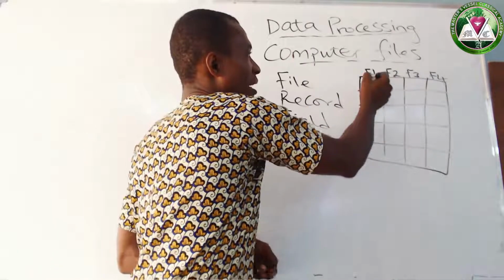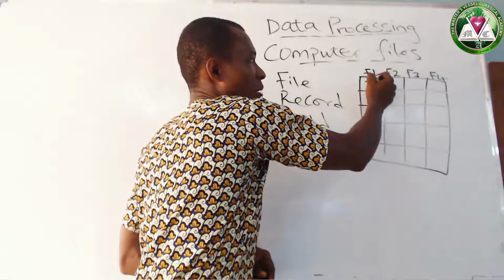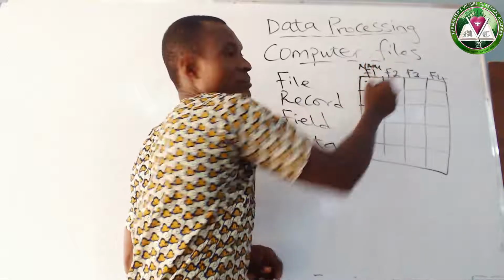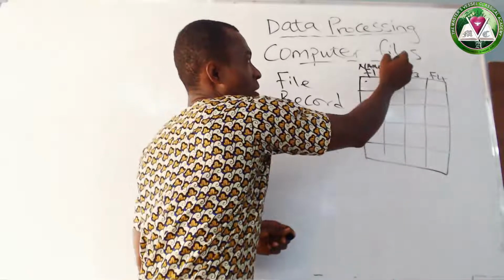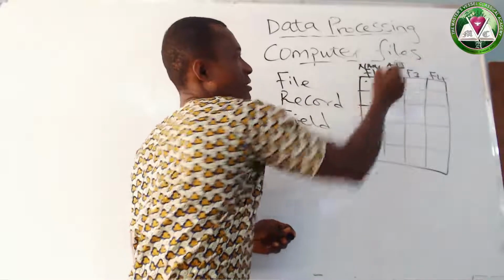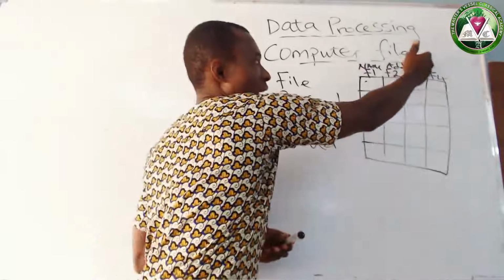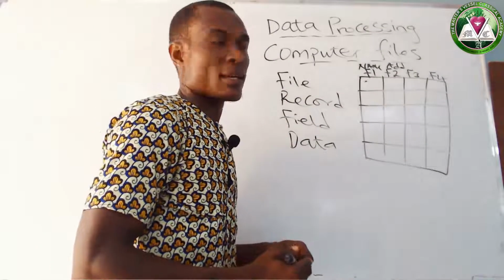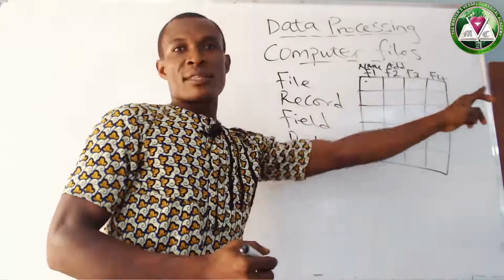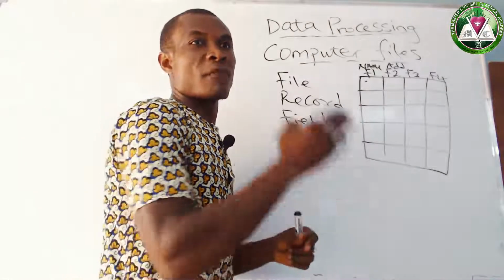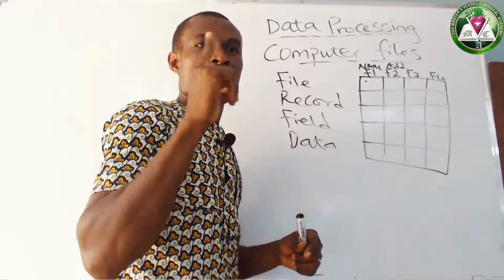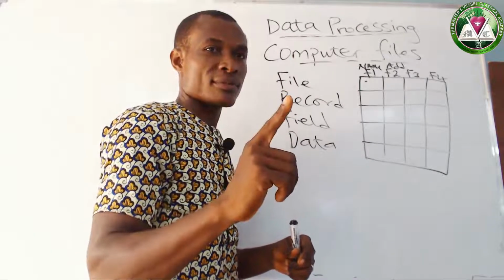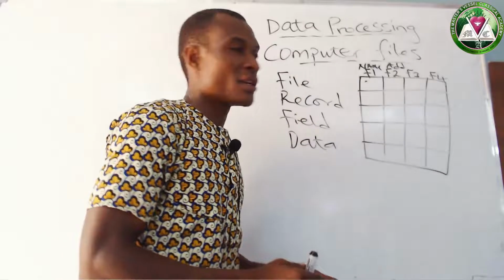And when you enter information here, maybe here you enter name, student name. Maybe here you enter the address, class, date of birth, or any other thing you feel like. The whole of this line will now contain information about a particular student, let's say Emmanuel.